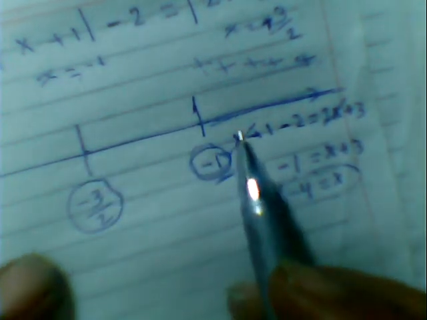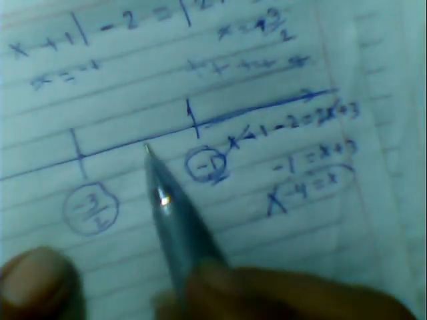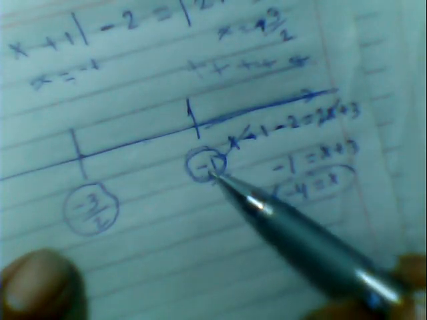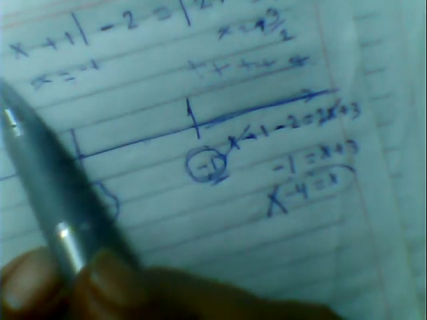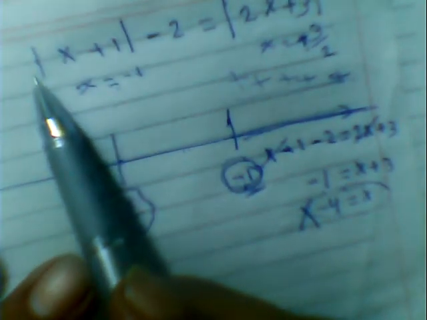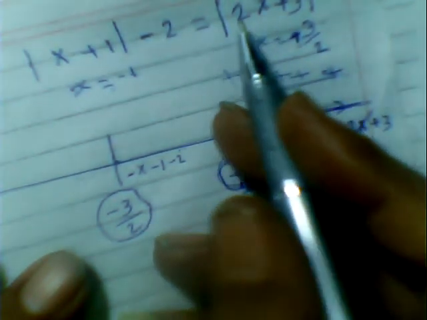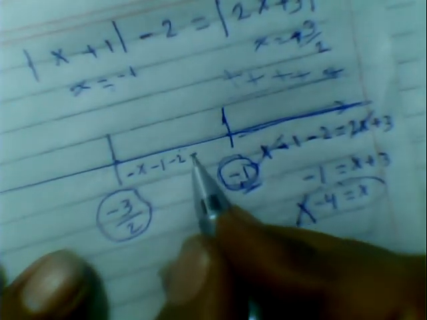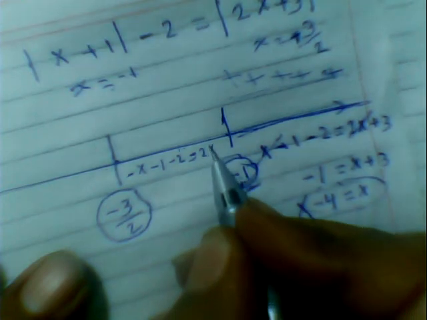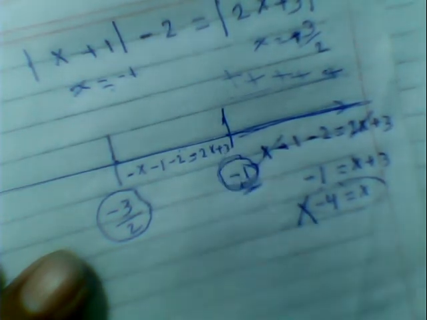Okay, in between, we put the equation again, but below minus 1 we change the modulus: minus x minus 1 minus 2 equal 2x plus 3.